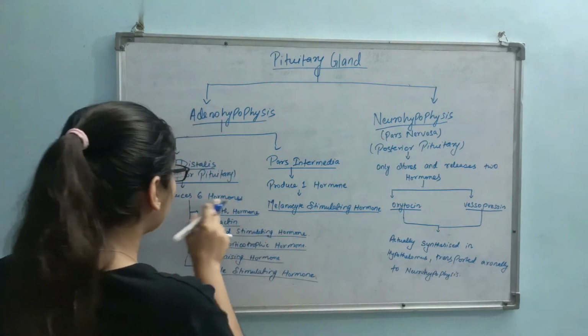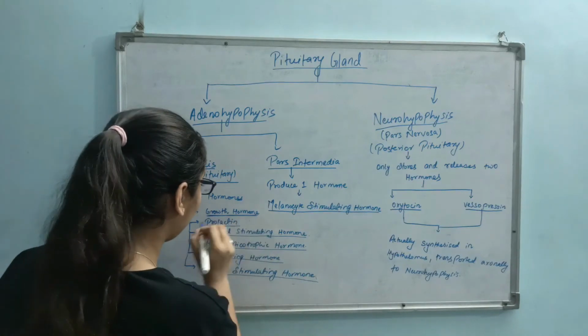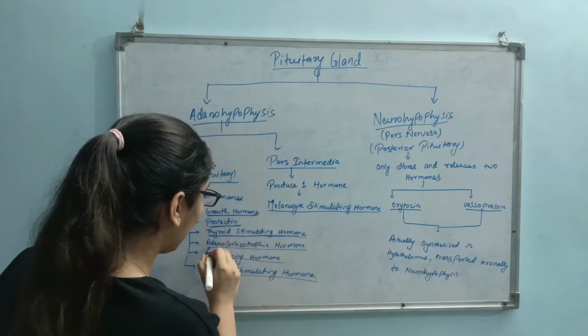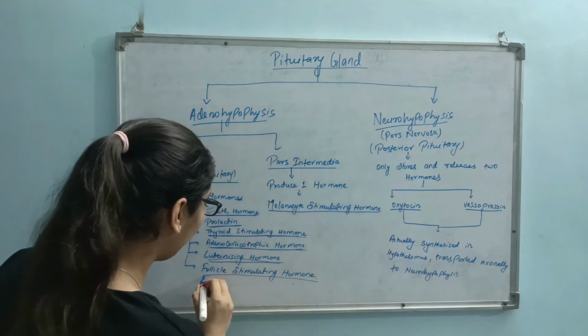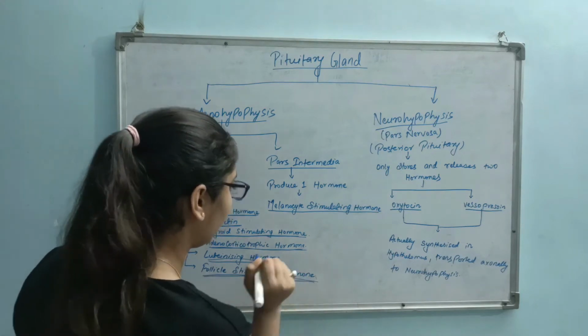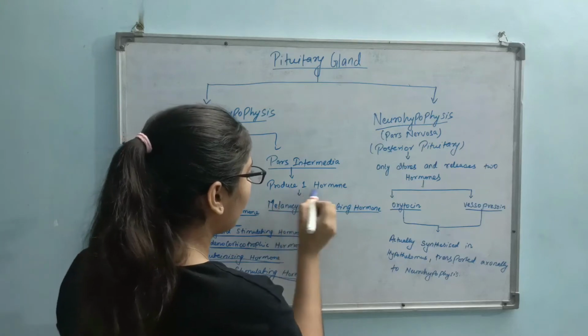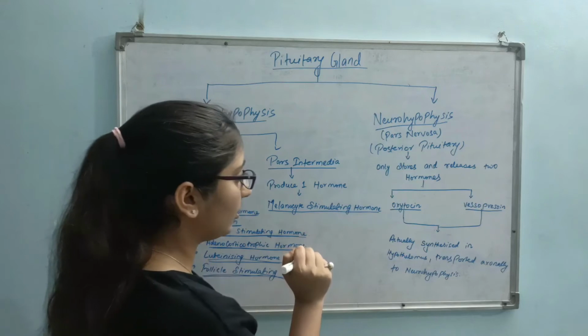It secretes 6 hormones known as growth hormone, prolactin, thyroid stimulating hormone, adrenocorticotrophic hormone, luteinizing hormone and follicle stimulating hormone. And pars intermedia secretes only one hormone, namely melanocyte stimulating hormone.